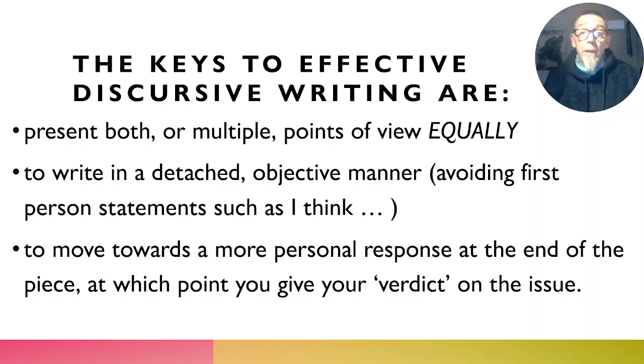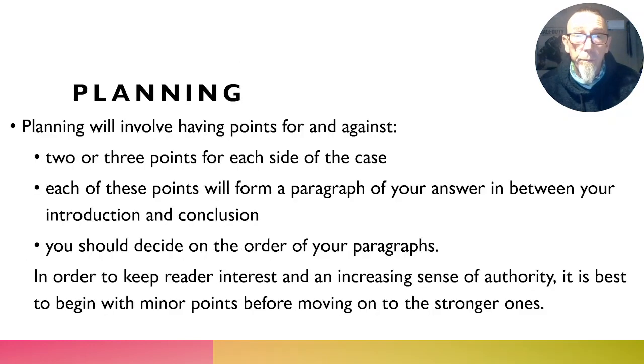So you're not going to be using any first-person statements such as I think or I feel until you get to your verdict, that final paragraph where you give your personal response at the end of the piece. This is the definer between argumentative and discursive: in discursive, you're not using the personal pronoun I or me or my feelings or my thoughts until you get to that final paragraph where you give your own perspective and your own point of view.